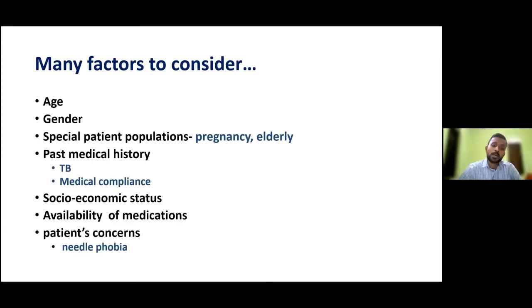We also have to assess the past medical history, especially tuberculosis, hepatitis B, C, and varicella infection. And we have to assess medication compliance, because although rare, most of these drugs are associated with very serious complications. Therefore, the compliance of the patient is very important.